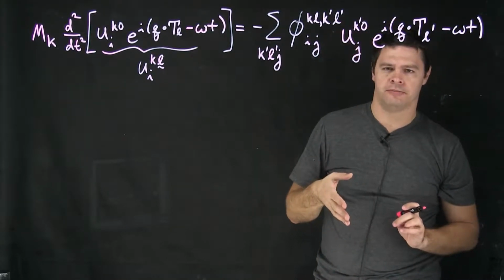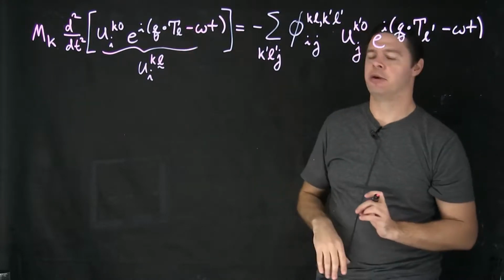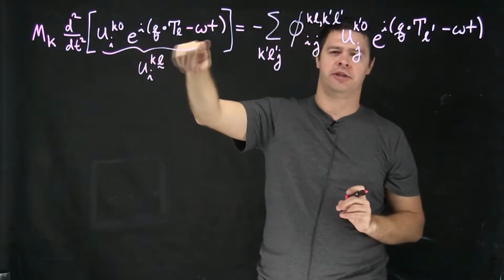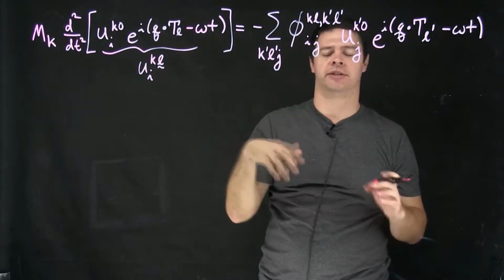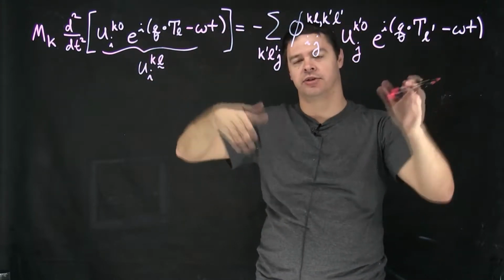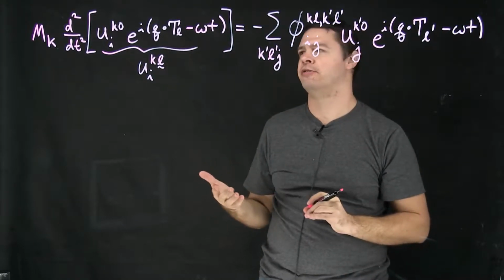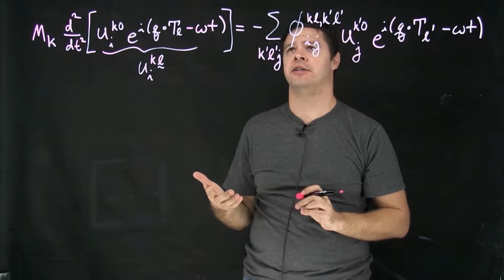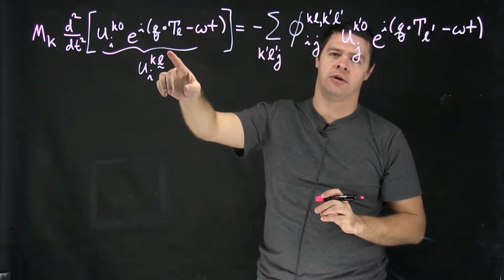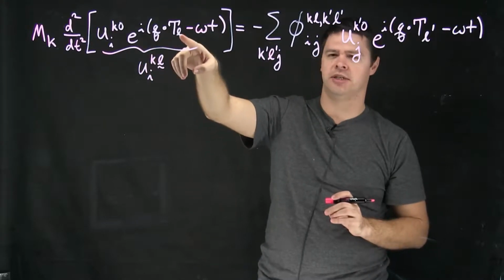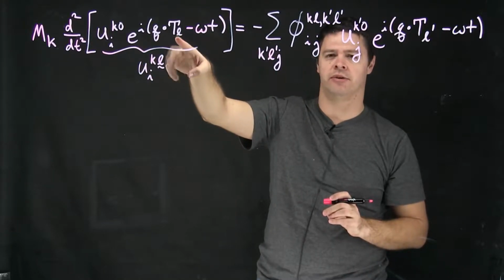So let's just work through that math a little bit more. You'll see that, for example, the e to the i omega t comes up on both sides. So just like we've seen before, that's going to cancel. Most of the other stuff doesn't really cancel, though, if I'm critically looking at this. One thing I can do is multiply through. I've got an e to the i q dot T, where T is a translation vector, over here.